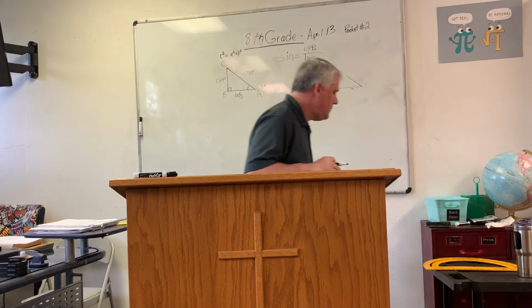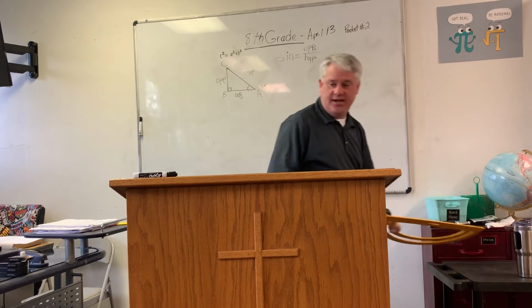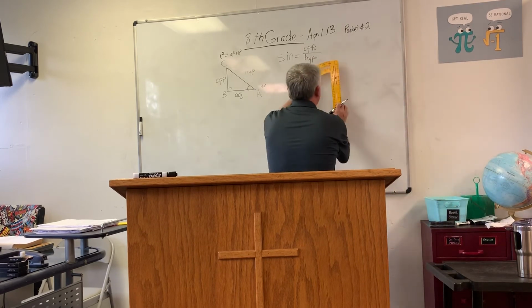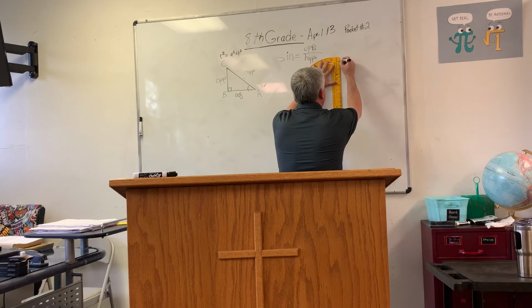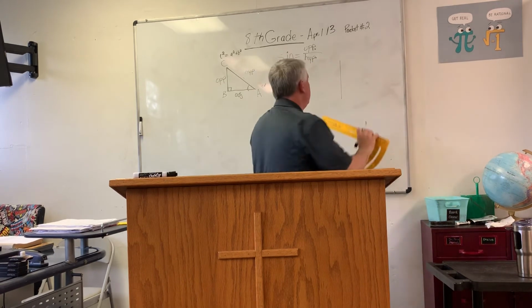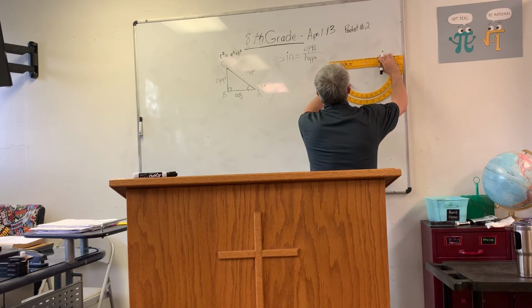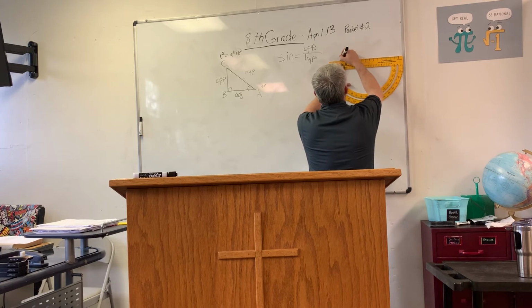All right, and maybe easier to try to draw real quickly this, and I'm not going to measure it, okay? I'm just going to get it close. I'm going to just make it the same direction that we have in our book. So I'll get my right angle as close as I can.